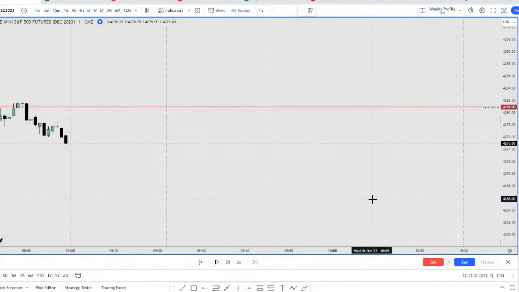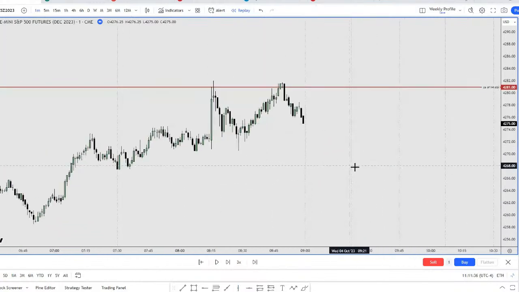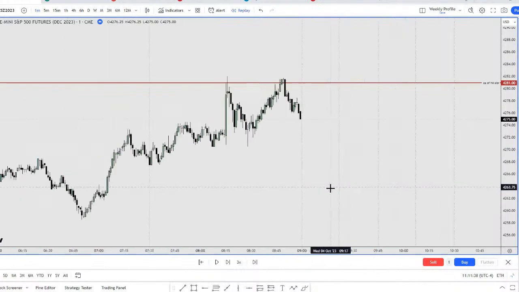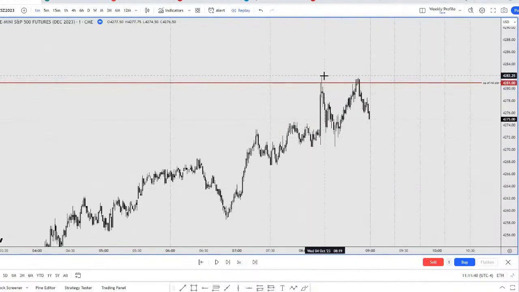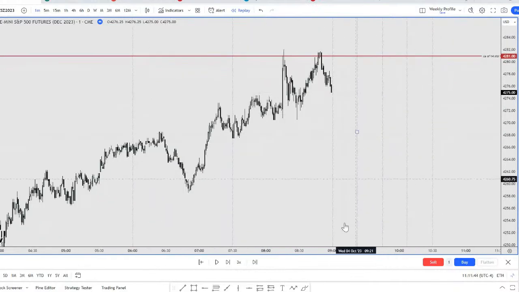Not 9, sorry, but 10:07. Okay. So right here we have equal highs up here. Okay, right before the start of Q3. This entire 4 quarters, it represents Q3 of AM session.